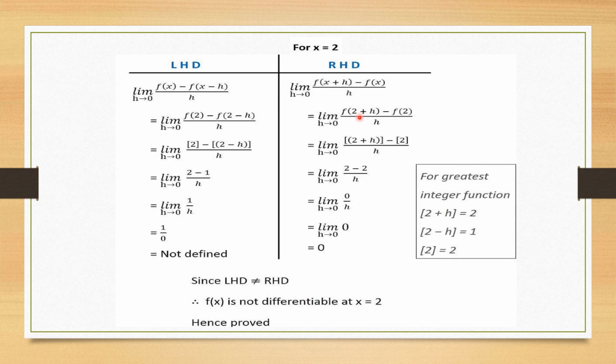For the right, it is f(2 plus h) minus f(2) by h, so integer function of 2 plus h minus integer function of 2, with the limit as h approaches 0. Remember how the integer function behaves: for c minus h it was c minus 1, that is 2 minus 1 is 1, and for c plus h it was c, so that is 2. So it will be 1 by h, which is not defined, and 0 by h, which is 0. Again LHD is not equal to RHD. The function is not differentiable at x equal to 2.